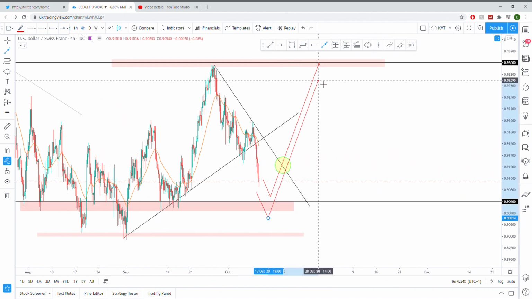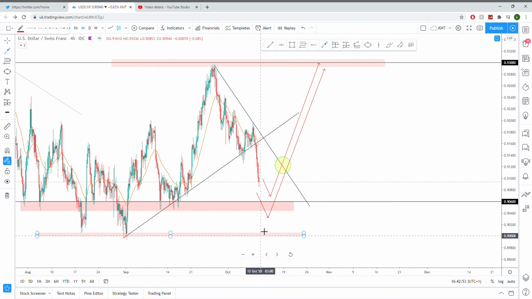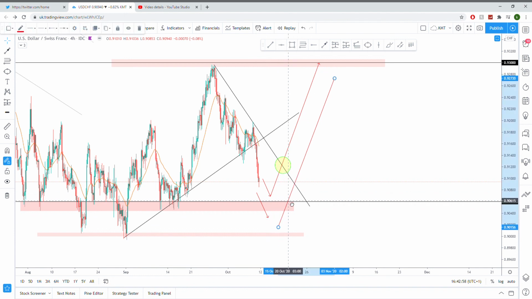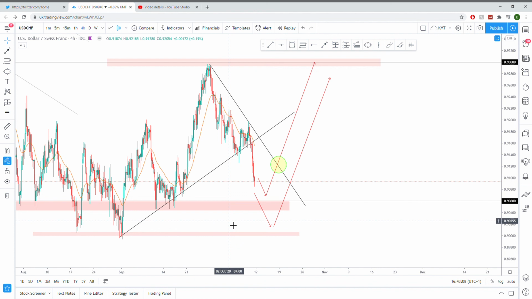My last chance to take a long opportunity is, as long as we stay above 0.9, I'll be confident enough to continue to take a long. But if we do go any lower than this level, I would consider this pair becoming bearish, as we are making new lows. So just keep that in perspective, what I'm thinking here. That's why I wanted you guys to be a bit careful with this pair.